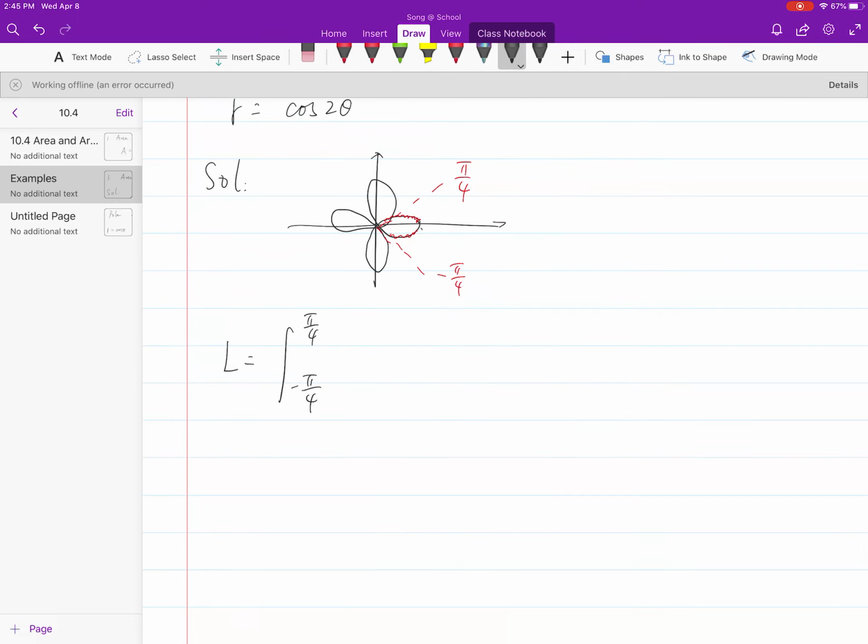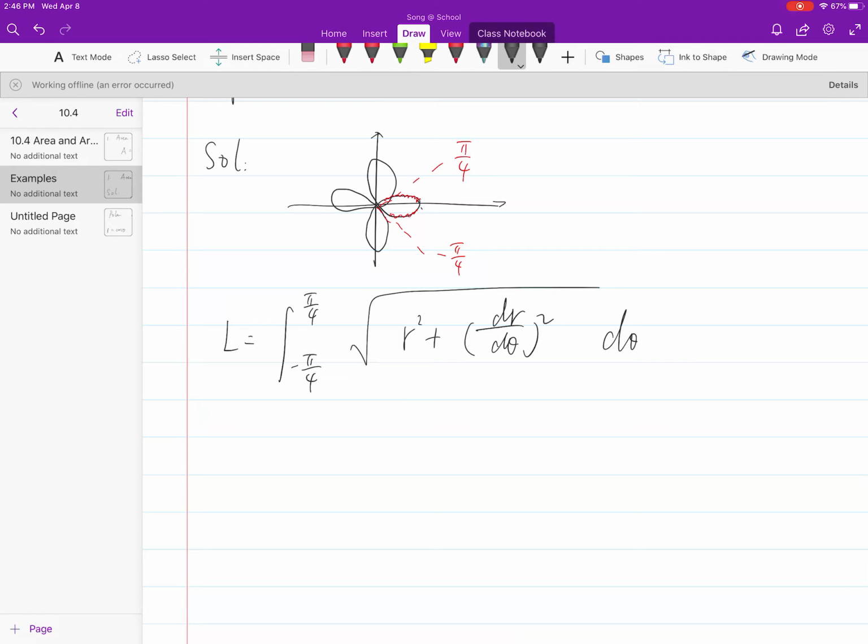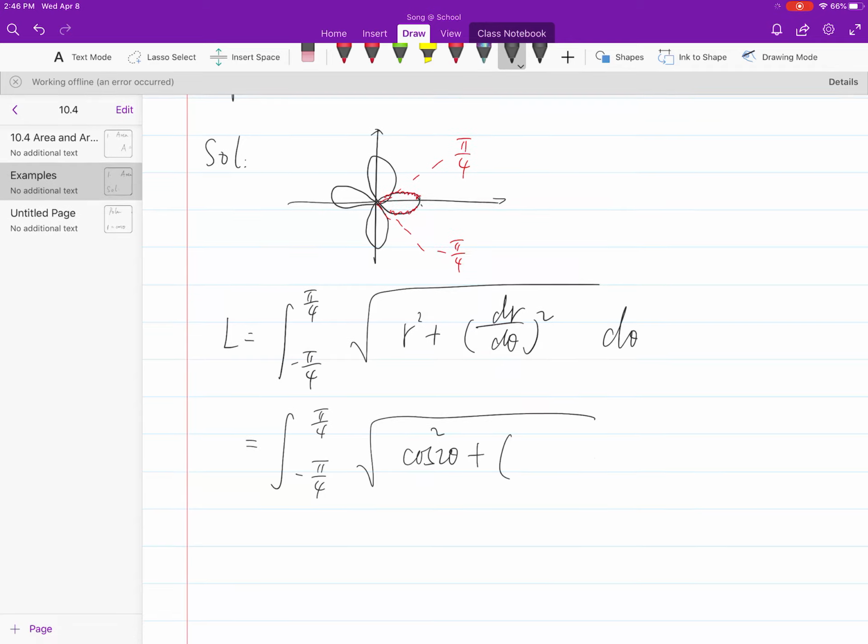I need to have square root of r squared plus dr over dθ squared dθ. Then what I should have is negative π over 4 to π over 4, r is cosine 2θ squared plus dr over dθ, that is the derivative of cosine 2θ.